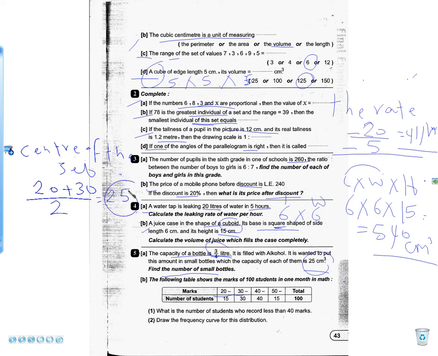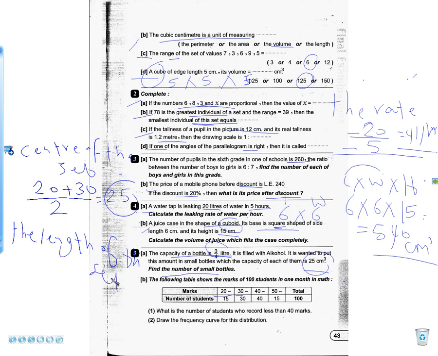So the first number we have is 25. The other values are brought by the length of the set.